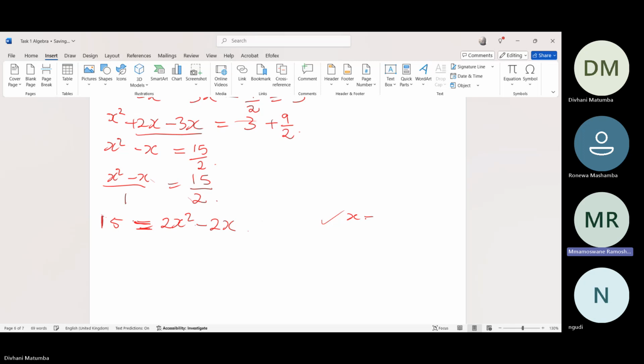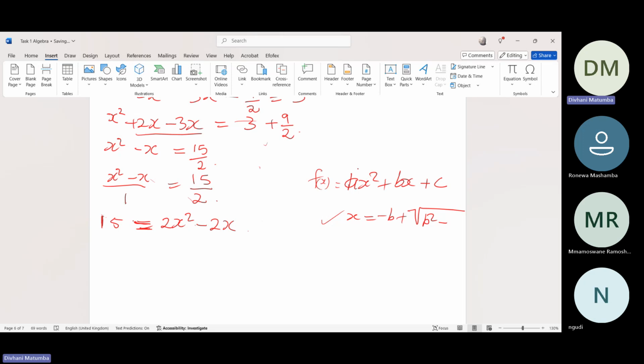The quadratic formula. Exactly. So don't sweat and toil. Whenever you see a quadratic expression, just rearrange whatever you have and make sure that you have a standard ax squared plus bx plus c form of a function.